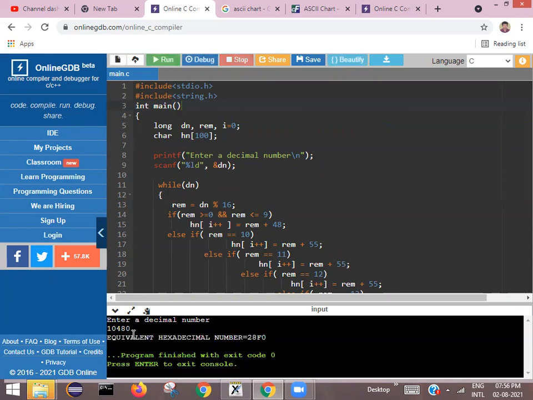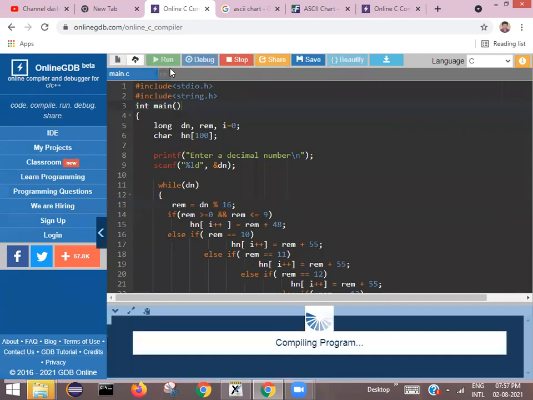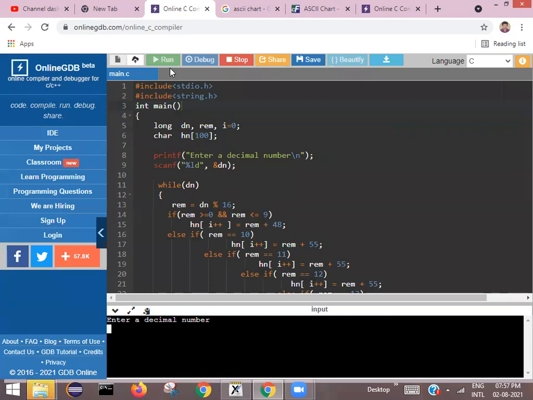So what it has given is 28F0. Or we'll take some other number, say 10486, I think. 486 we enter. Yeah, 28F6. Okay, 28F6 is the number.